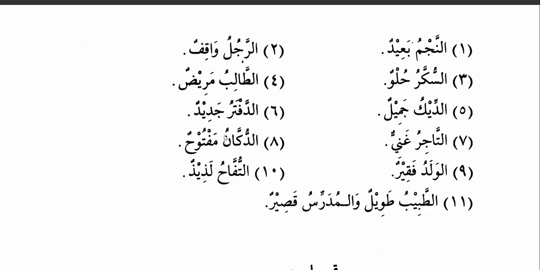So let's see here. There are more examples to learn. An-najmu ba'idun. You can see the lam is not pronounced and noon has a shadda. We will learn about this inshallah on the next page. Ba'idun, the star is far away. This is mubtada and this is khabar. Ar-rajulu waqifun, the man is standing.